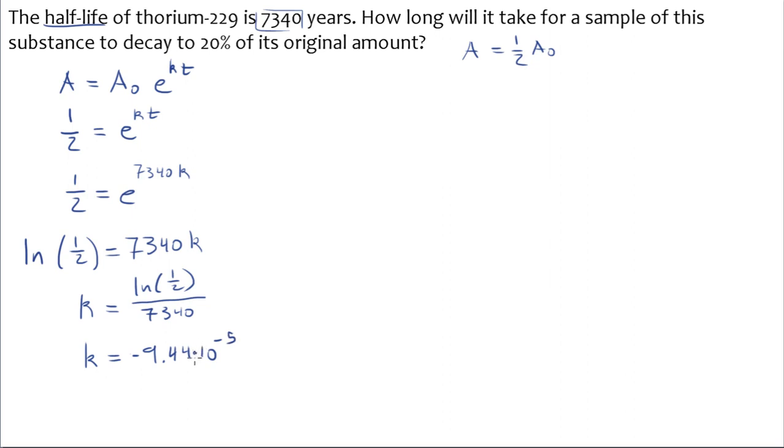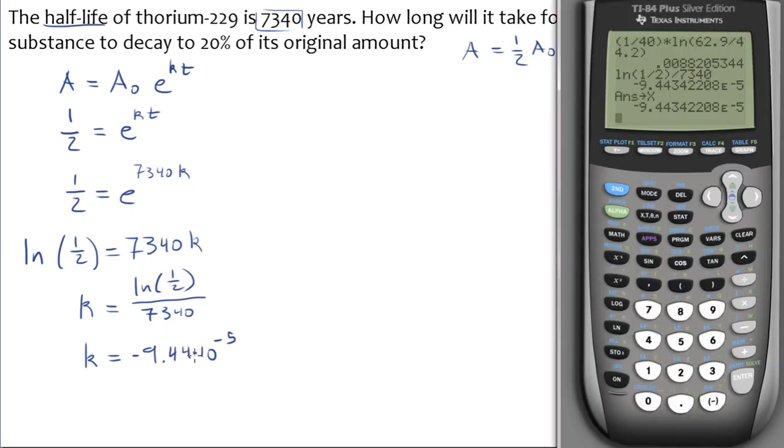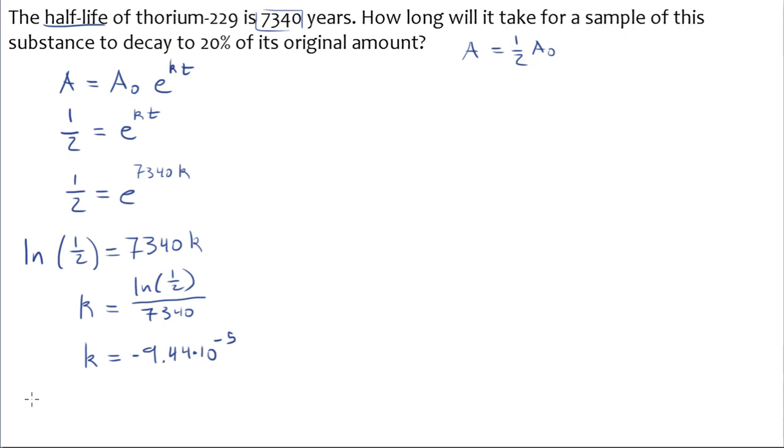I'm going to double check that. Yeah, 10 to the -5th, or negative 0.0000944. That's k.